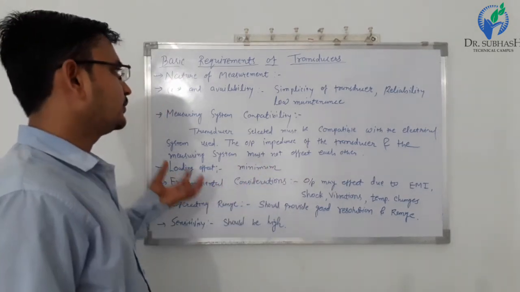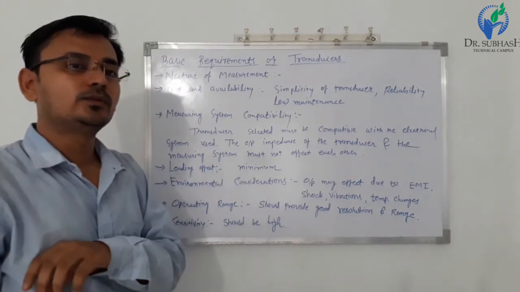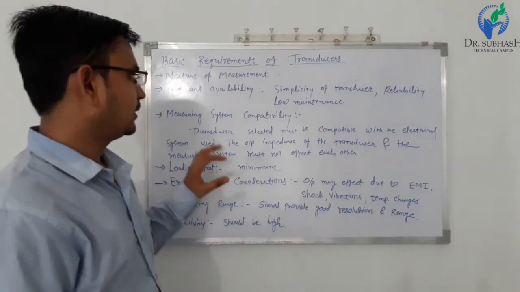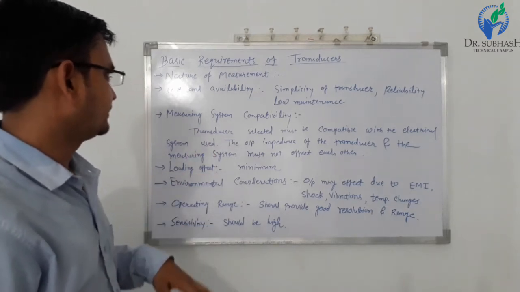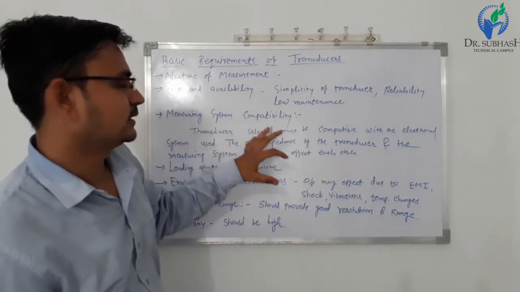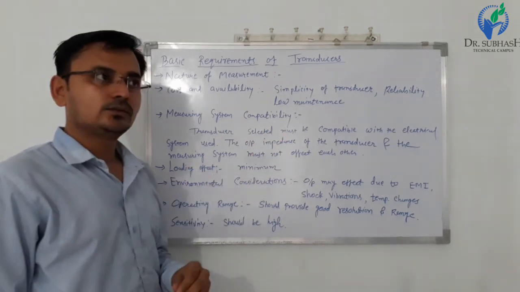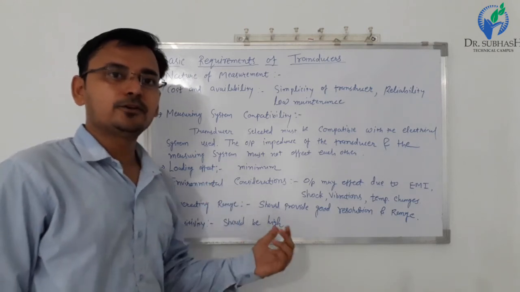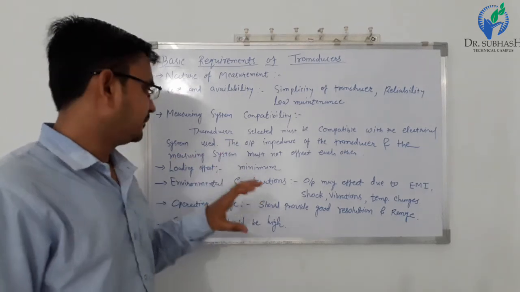Sometimes the output impedance of one system affects the performance of the next system. This type of thing is not allowed in a measuring system. So this is known as measuring system compatibility. Then loading effect. Loading effect should be minimum, otherwise error may be introduced in the system.